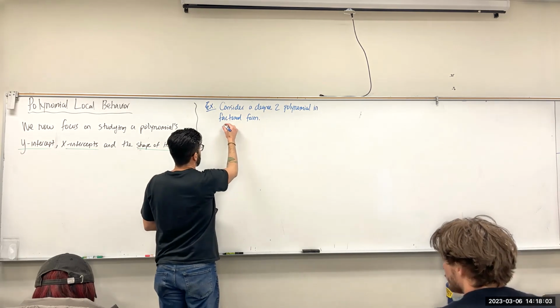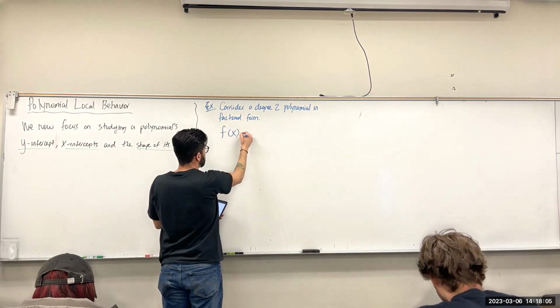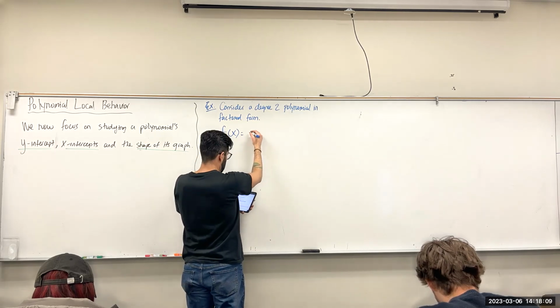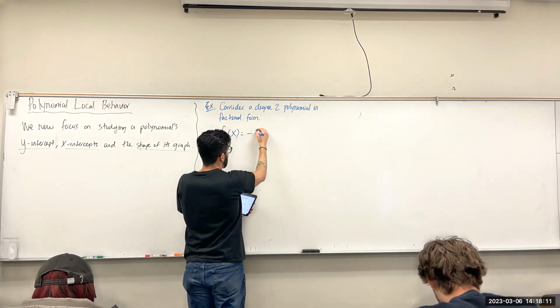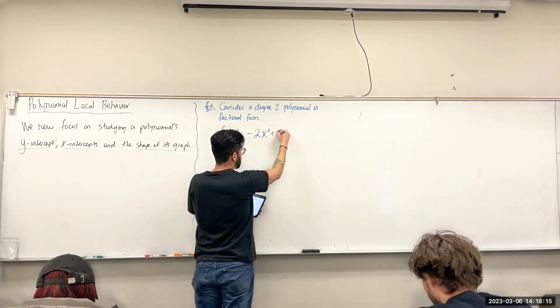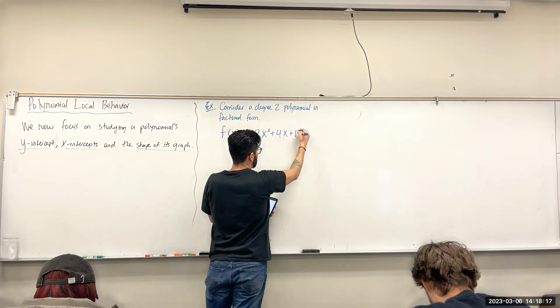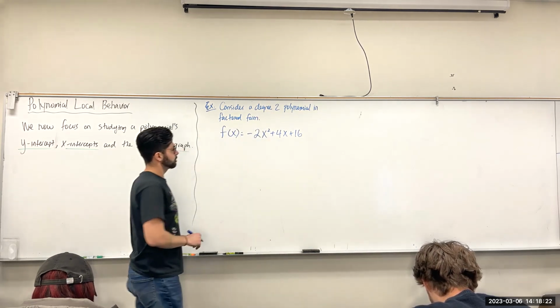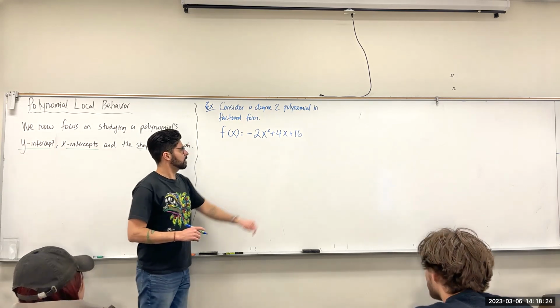So let's look at this guy here. f of x equals... I'm going to first write it not in factored form, and then we'll turn it to factored form. So I think we're calling that the standard form.